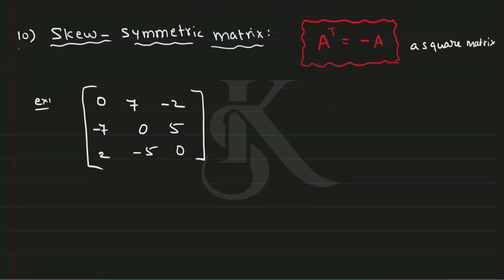If we write A transpose, same as the previous one, rows become columns: 0, -7, 2, 7, 0, -5, -2, 5, 0.